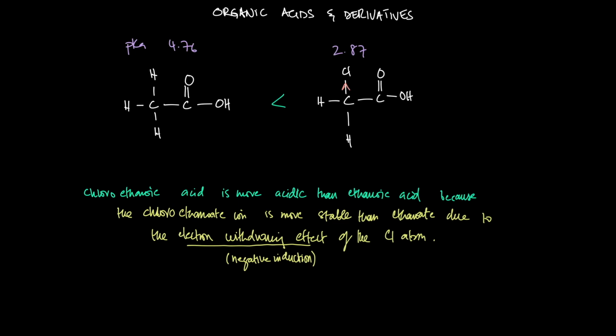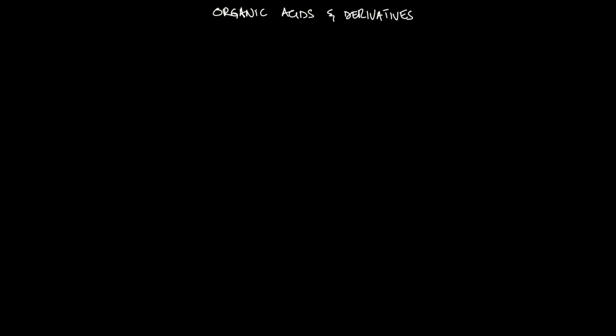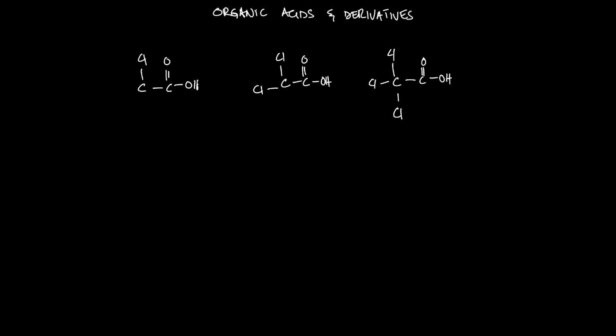Right. So if you were to compare these three over here, now let's say that we have, I'm not showing the CH bonds, but let's say that we have chloroethanoic acid, then you have dichloroethanoic acid, then you have trichloroethanoic acid, right? Which of these will be the strongest acid? Trichloroethanoic acid, right?